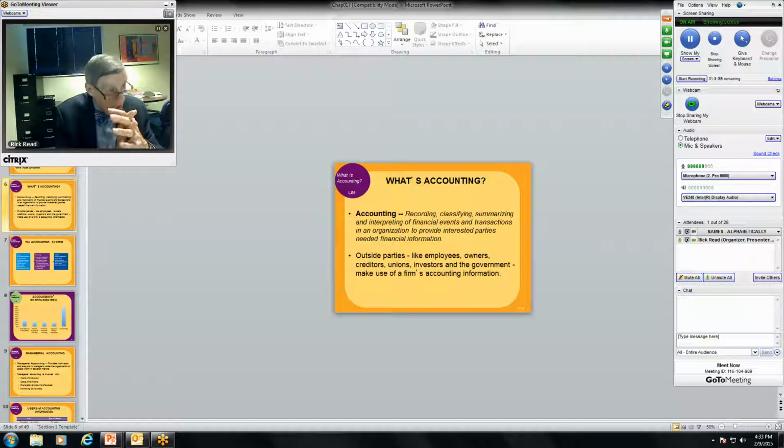Now, remember, the various and sundry parties we're speaking of here are those outside the organization. When we get to managerial finance or financial management, which is chapter 18, 50 or so minutes from now, we'll explain a little bit differently. But most of this goes to external stakeholders. Notice what's listed here: unions, the government, stockholders.